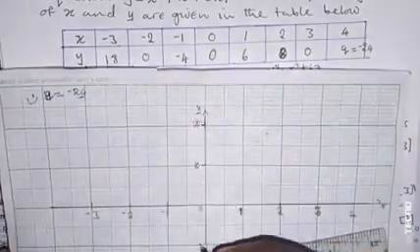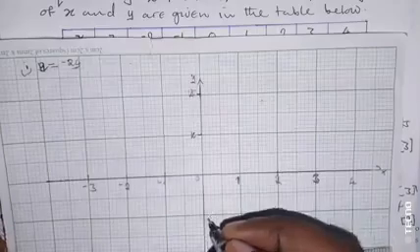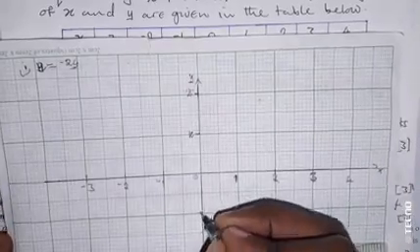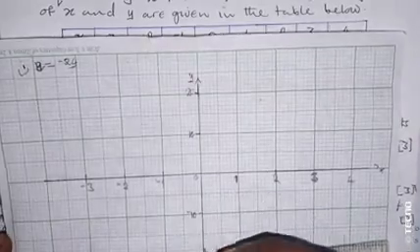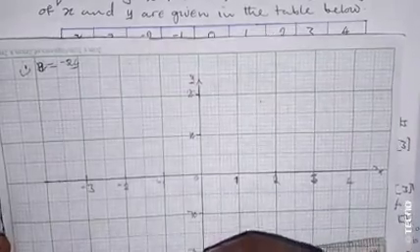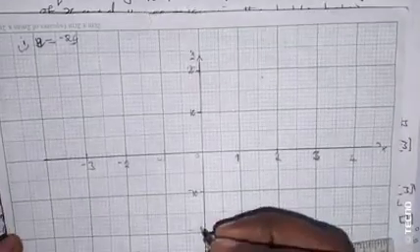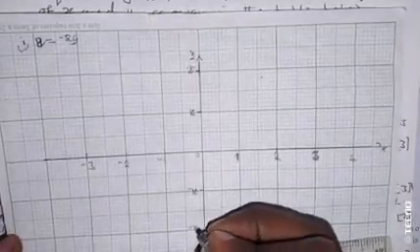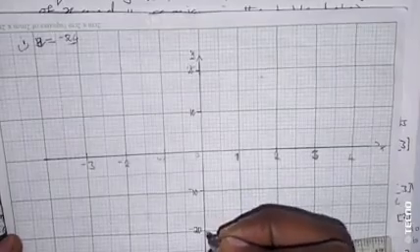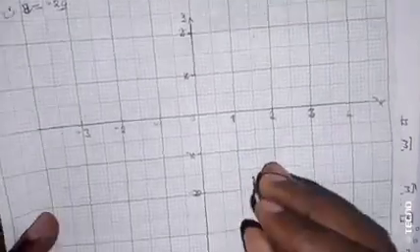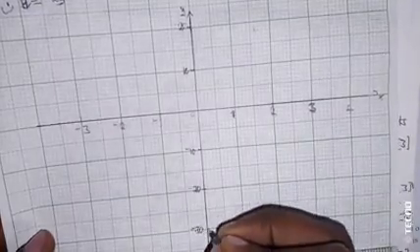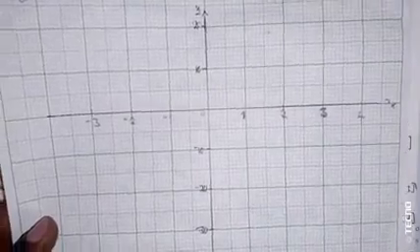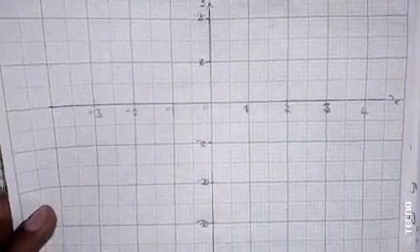This side we have negative 10, negative 20, and also negative 30. Okay, this is what we have in the y-axis.